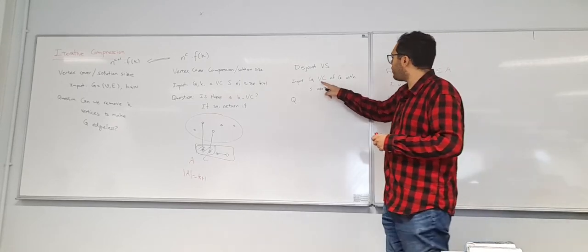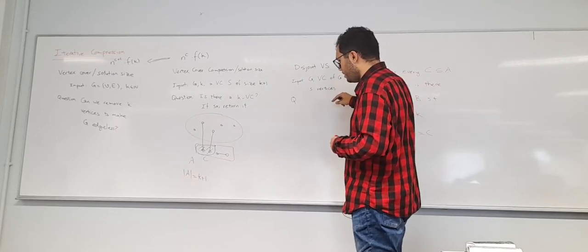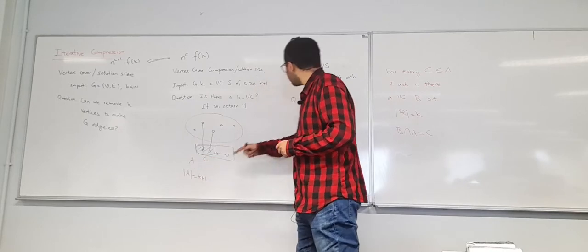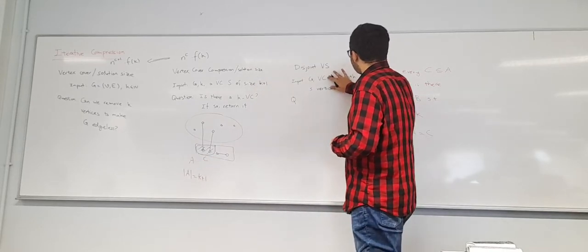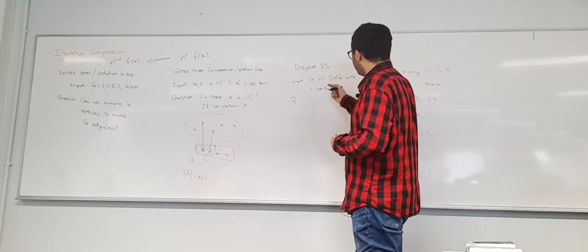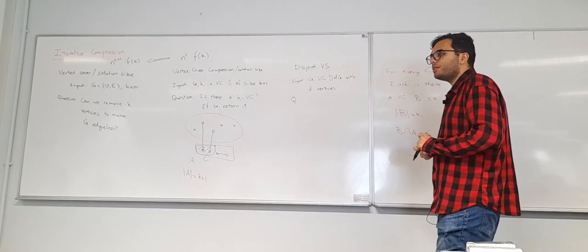So let's say I have a vertex cover of G. Let's give this a name. So this remaining part, it's like A minus C. So let's just call it D. So I have a vertex cover D of G. And D has, okay, let's call it D vertices so that it's easier to remember.